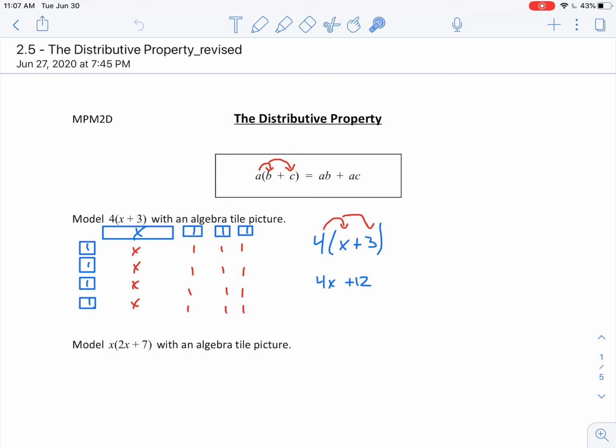So we can see how once I've distributed it, how many x's do I have and how many 1's do I have? Well, I have 4 x's and I end up having 12 1's. So I write it as 4x plus 12. Or if I was to distribute this, 4 times x, and then 4 times positive 3, which would give me 12.